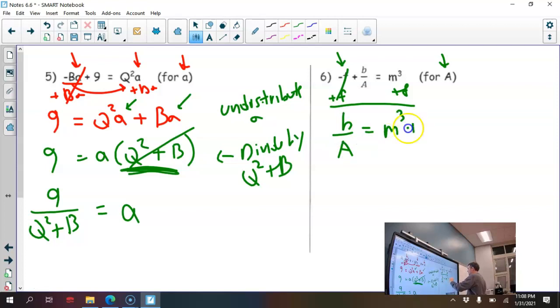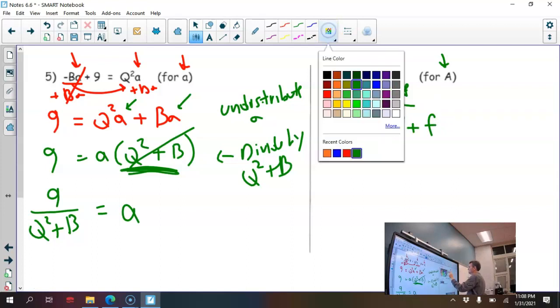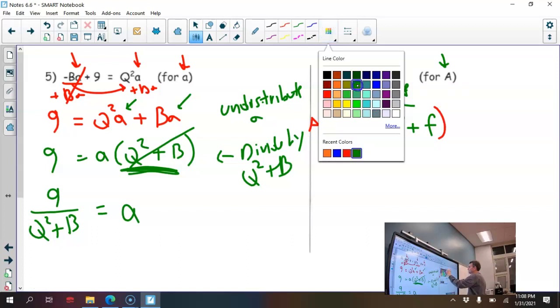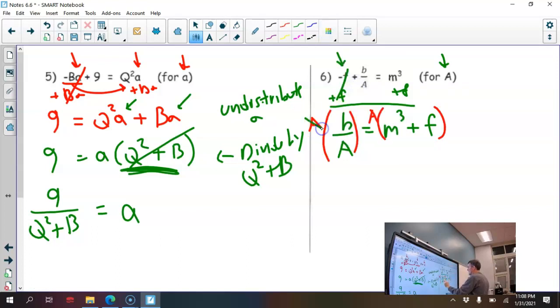This would be m to the third plus f. And now I'm going to multiply both sides by a. So that might look like this. Multiply that side by a and multiply that side by a. And the a's cancel out, giving me the b by itself.